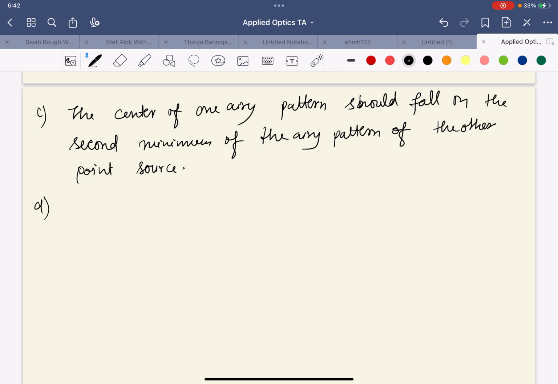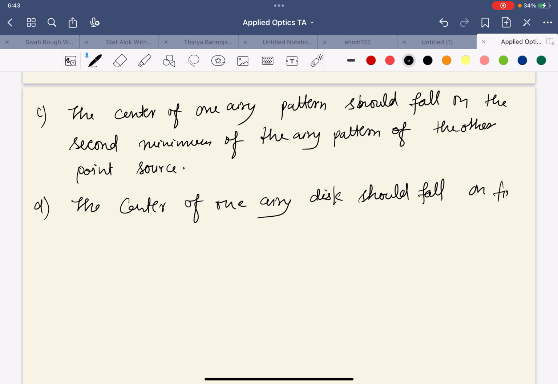And option D is the center of one Airy disk should fall on the first maxima of the Airy pattern of the other point source.